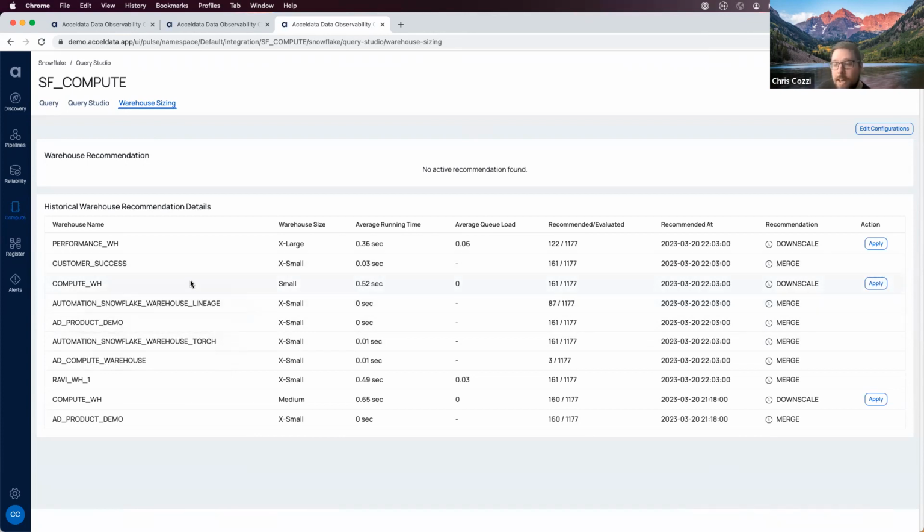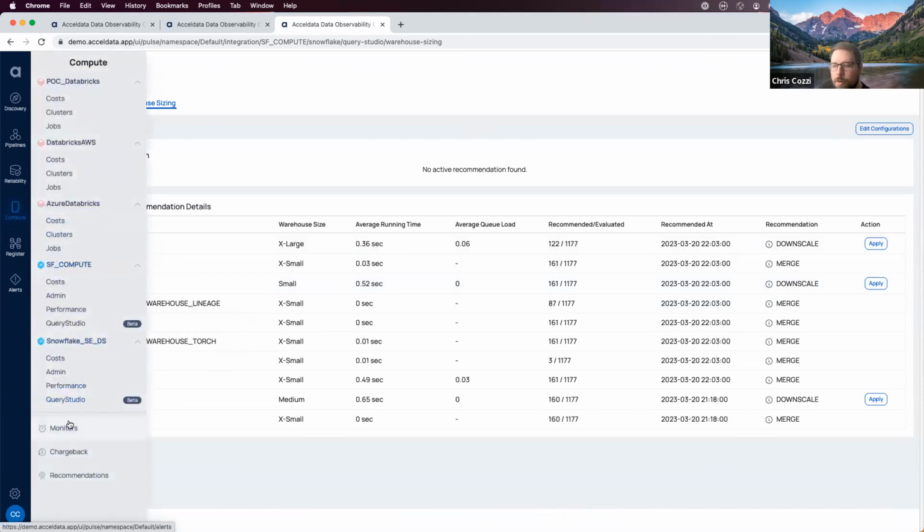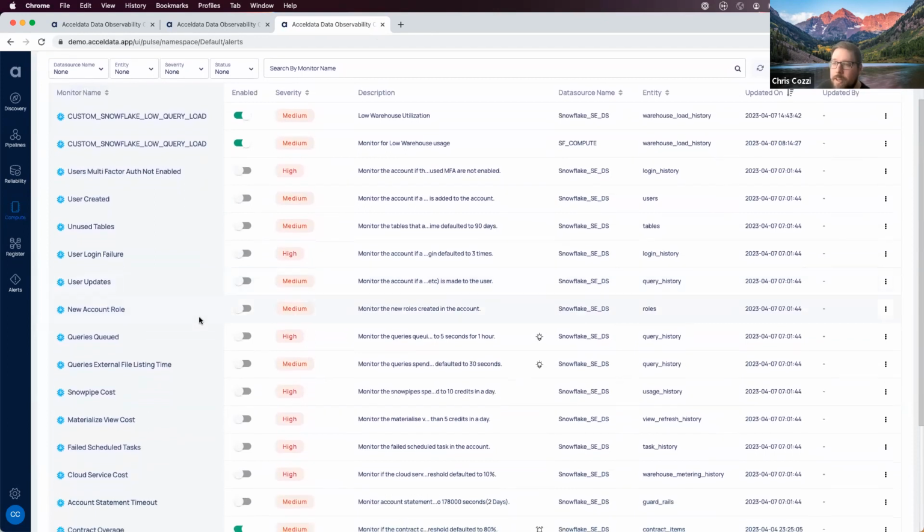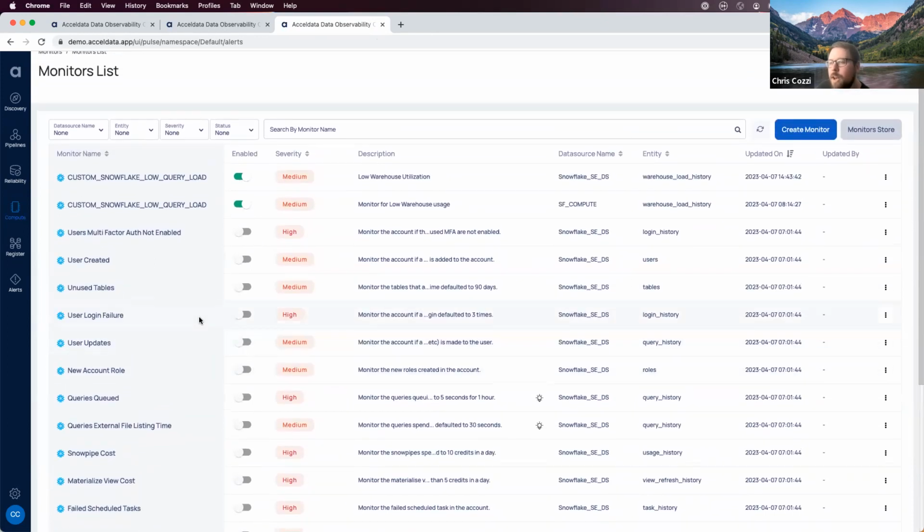So this is one example of our recommendation and auto action, but there's certainly more where those come from. We ship for both Snowflake and Databricks with many monitors out of the box.